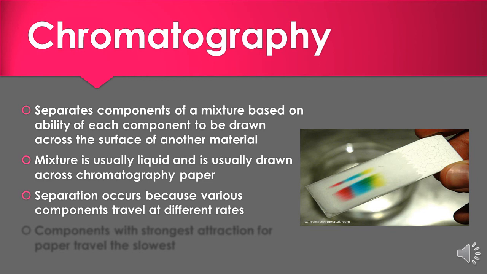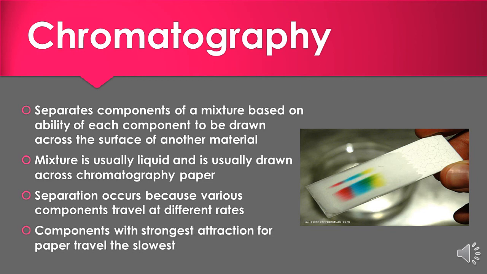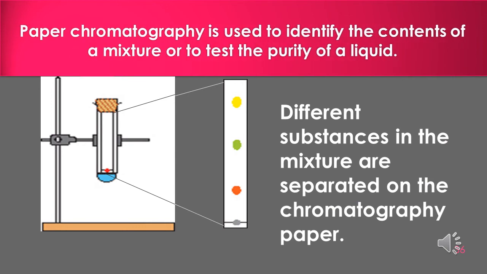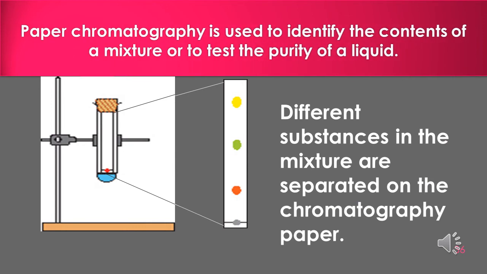Separation occurs because various components travel at different rates. The component that is more attracted to the paper, or has the strongest attraction to the paper, travels the slowest. So it's used to identify also what material or substance is contained in a particular mixture.